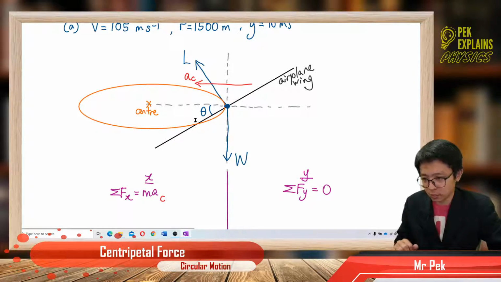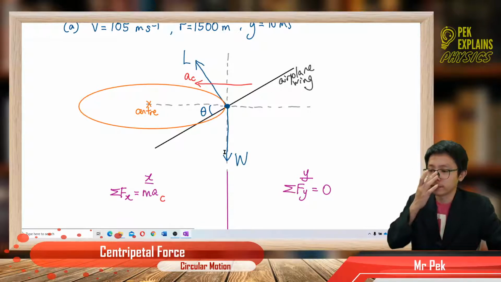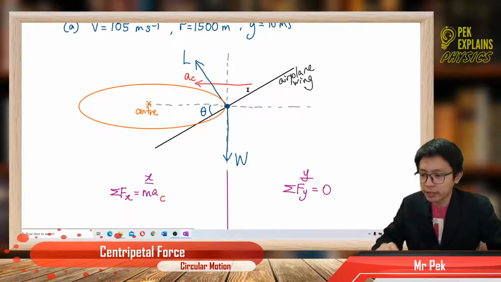So, okay, this is the wing, and this is the angle theta with the horizontal. This is the circle he makes, and this is the center of the circle. The lifting force is perpendicular to the wing, and the weight is directly downward. Because the center is at the left-hand side, the centripetal acceleration is to the left.